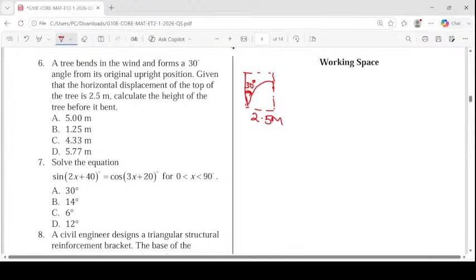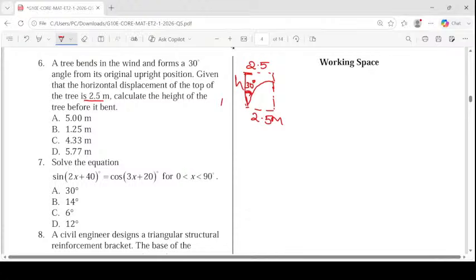Let h be the original height of the tree. Then theta is the angle that the tree bends from its original upright position, which is now in this case 30 degrees. In the right angle triangle formed, the horizontal displacement of the top of the tree, this distance here, is 2.5 meters.